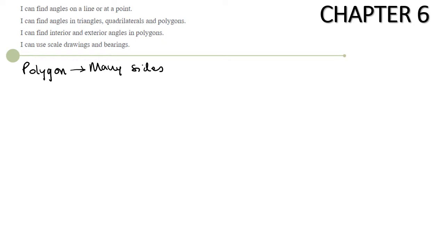So what I'm going to do is let's draw a pentagon. So you've got 5 sides there. Not the best pentagon in the world, but it's got 5 sides. Now I'm going to pick a corner and draw a line from that corner to all the other corners. Can you see now that this shape has been divided up into 1, 2, 3 triangles?